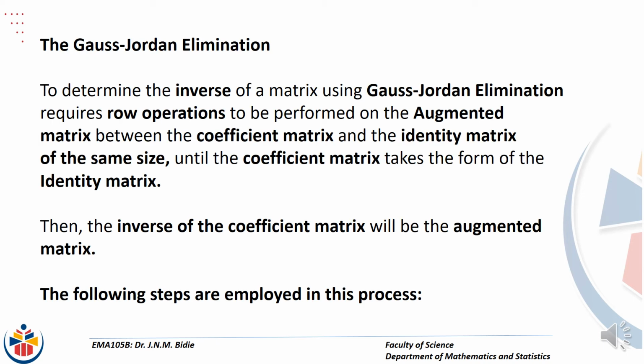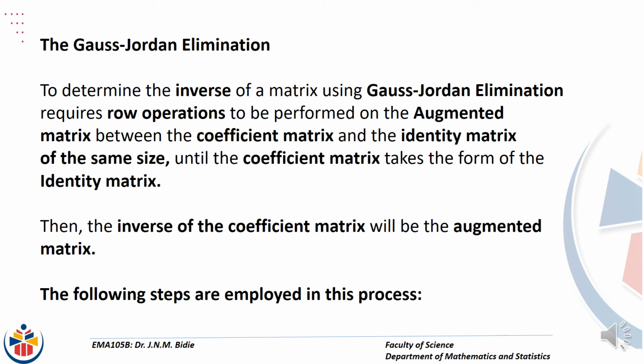We quickly go to the Gauss-Jordan elimination. We want to use a different method to find the inverse of a matrix. So the first thing you're supposed to do in order for you to use this method, we have to formulate what we call an augmented matrix.